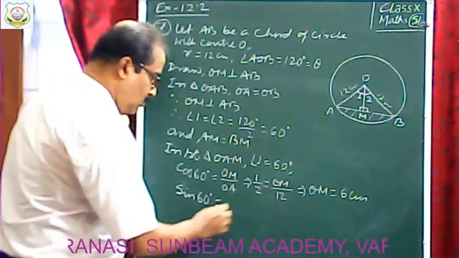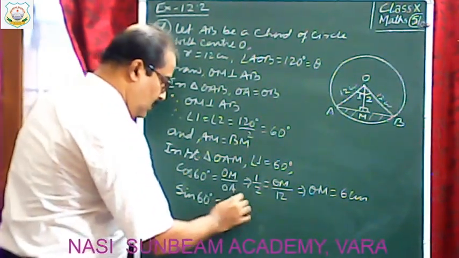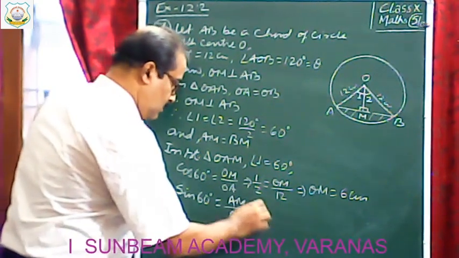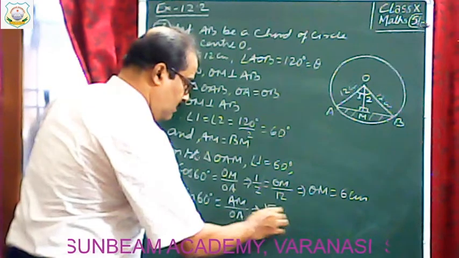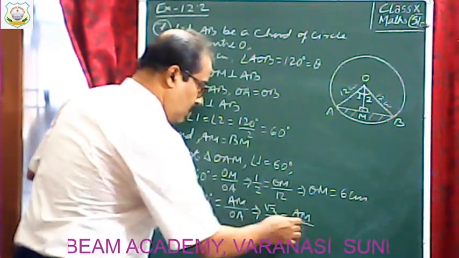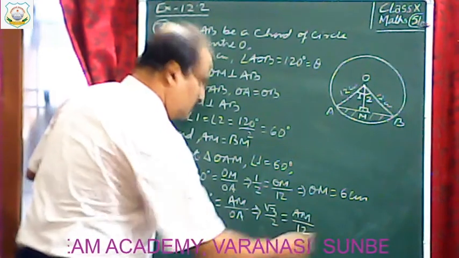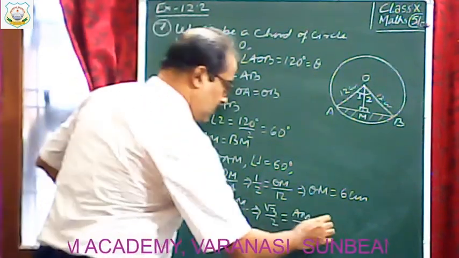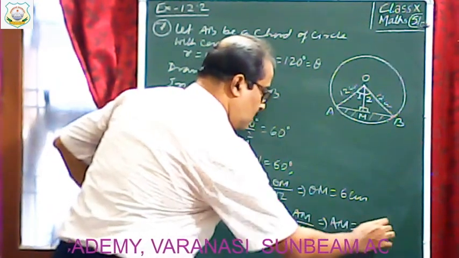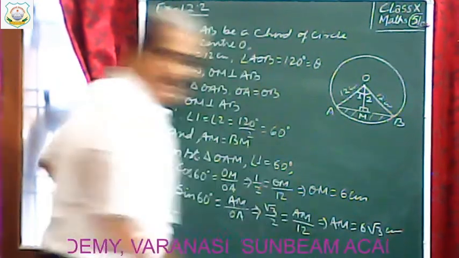So sin 60 equal to AM upon OA, root 3 by 2 equal to AM upon 12. Finally you get AM equal to 6 root 3 centimeter.